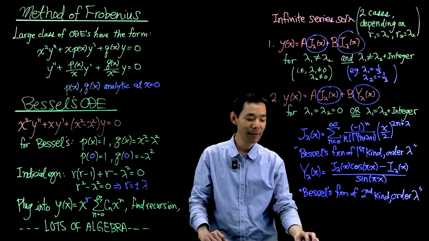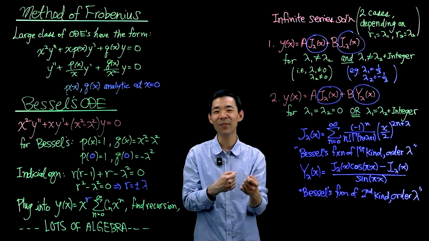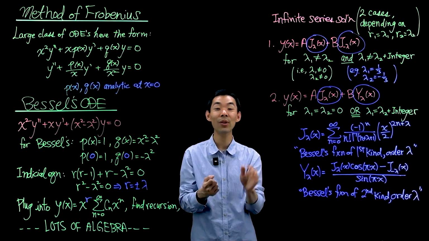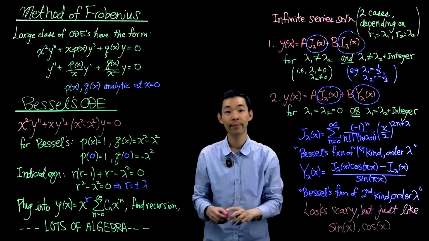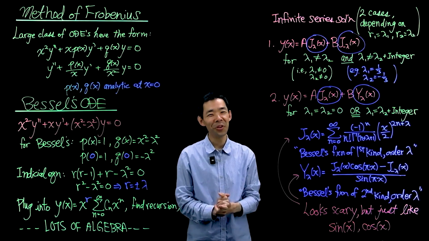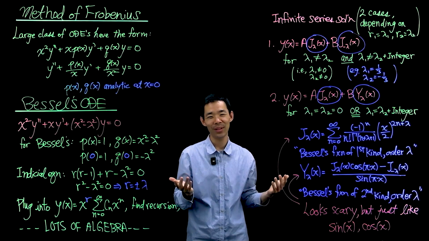So, what I wanted to talk to you about with regard to Bessel's function is that it's nothing different from sines and cosines. So I don't want you to be afraid of these types of functions. While they look scary and a little bit intimidating, it's just like sines and cosines.